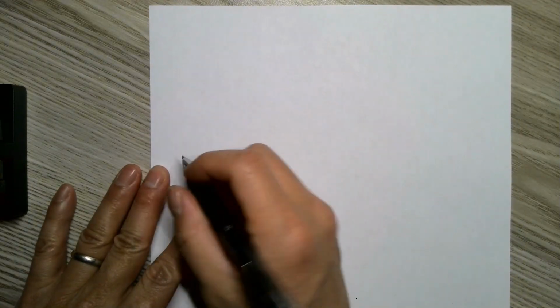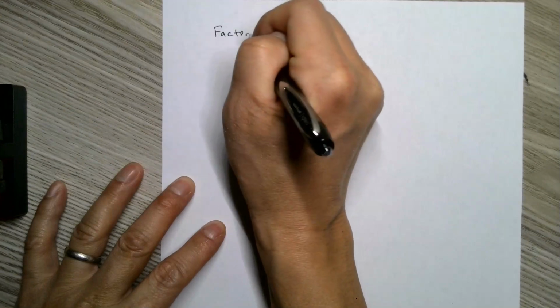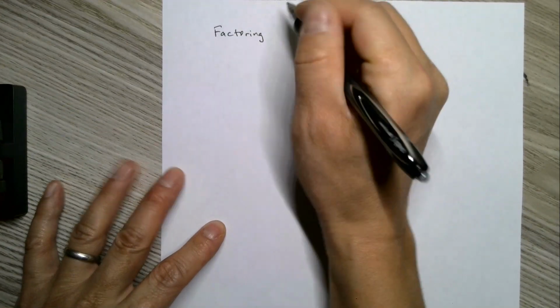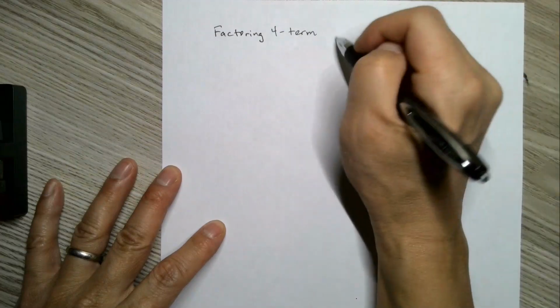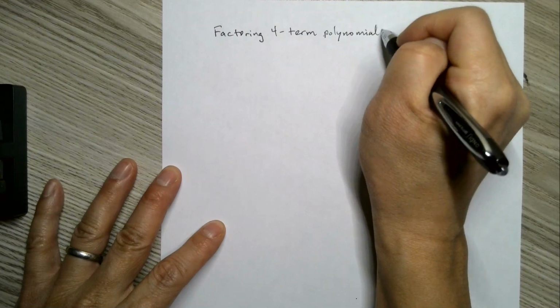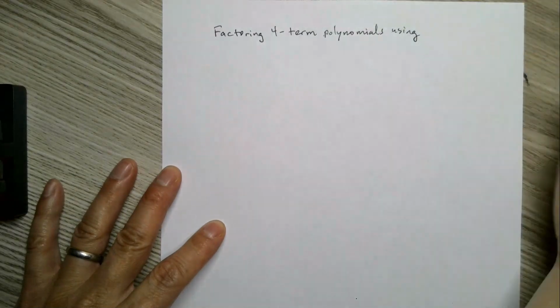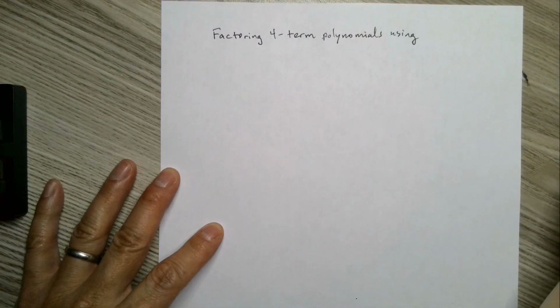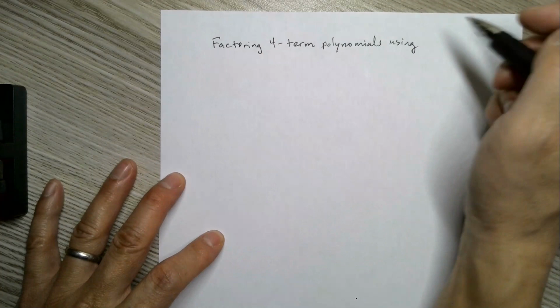Today we're going to do some sort of advanced factoring. Two types. The first one, I'm going to factor 4-term polynomials using an older method, using difference of squares.